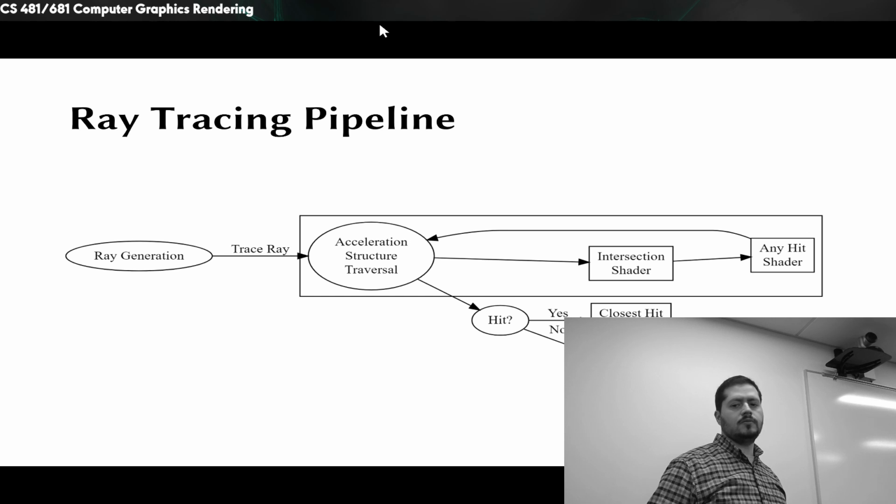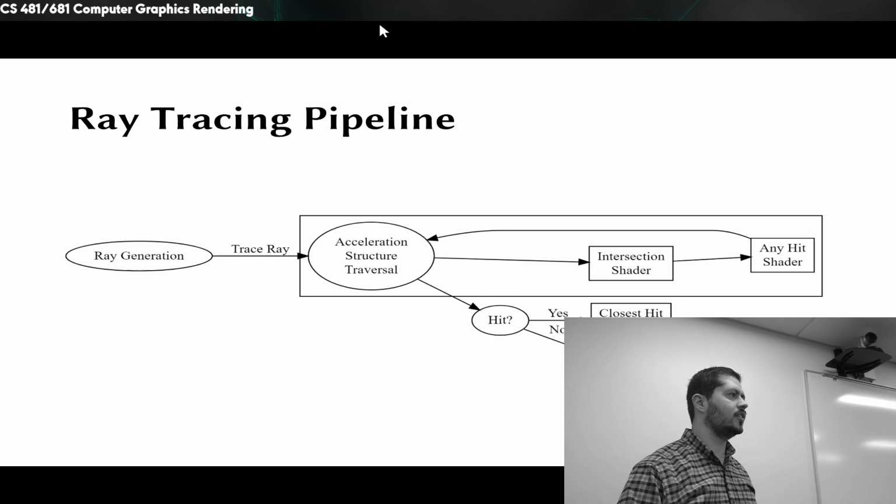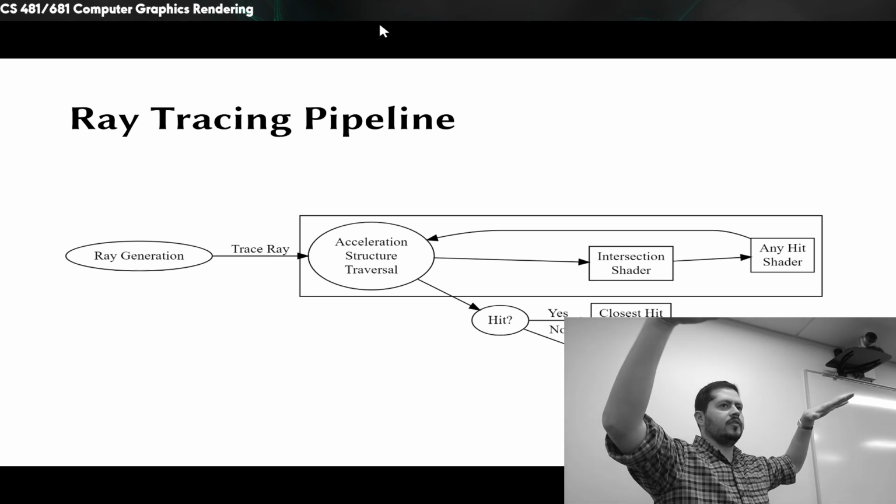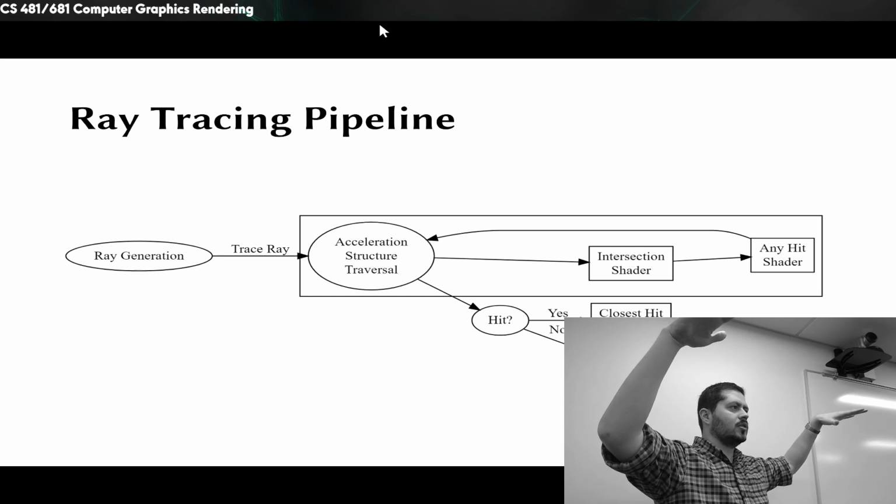That element of bias is actually a big thing in ray tracing, because in the ideal situation, if you're trying to simulate this, you would just pick a random direction and go from there and find out what the contribution is. But if you have a handful of lights, most of the rays aren't going towards the light source if you just pick randomly.